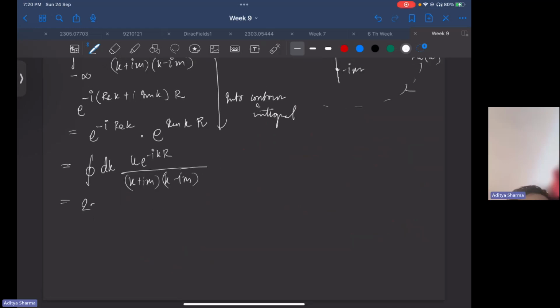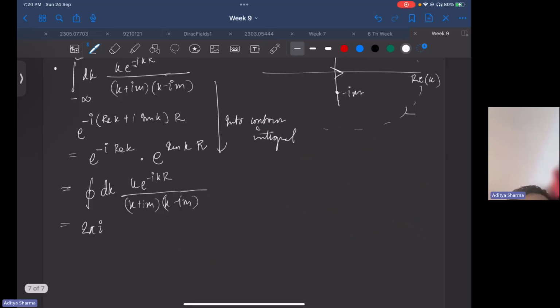And this is nothing but, by i, the residue of this. This is a simple pole, so you remove one of the factors and put the value of the other one.